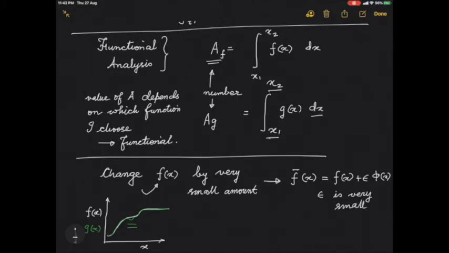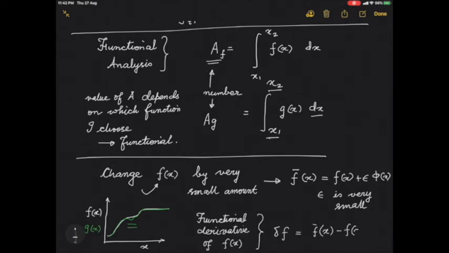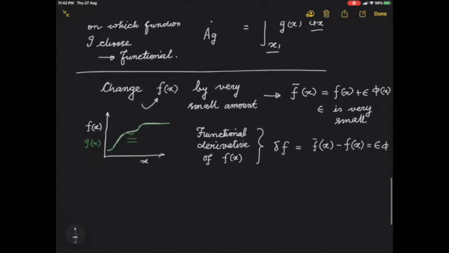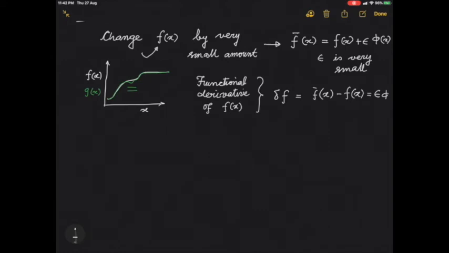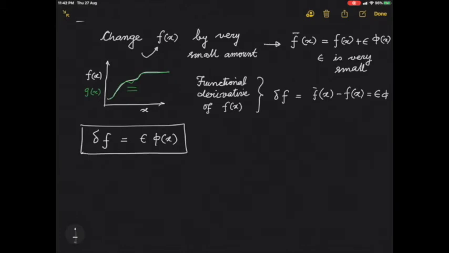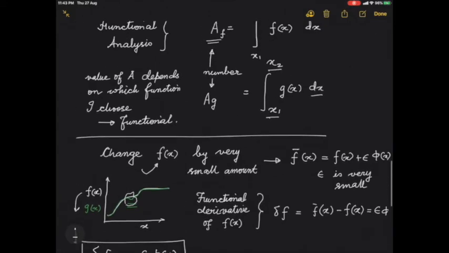So if I now ask what is the functional derivative of f, that is what I write as delta f, and this by definition is f bar x minus f(x), and you see what it is, epsilon phi(x), right? So let me keep it there. Delta of f is epsilon phi(x). Remember, what does delta of f mean? It means the change in the function f as I go from f(x) to g(x). So that is that delta, that small change.